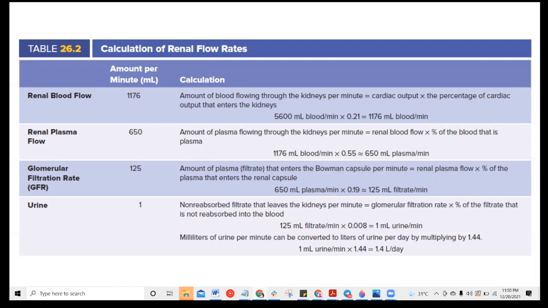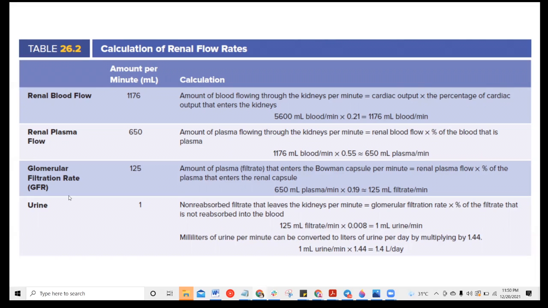For example, 560 per minute of blood times 0.21 is equal to 1,126 per minute of blood. For renal plasma flow, that's 650, the amount of plasma flowing through the kidneys per minute, the same as above: renal blood flow times the percentage of blood that is plasma. So these are the examples there.